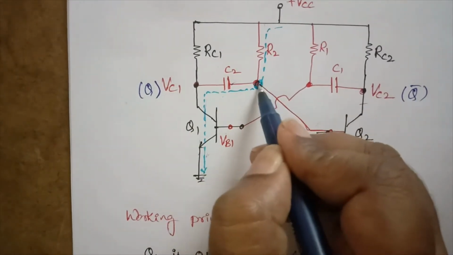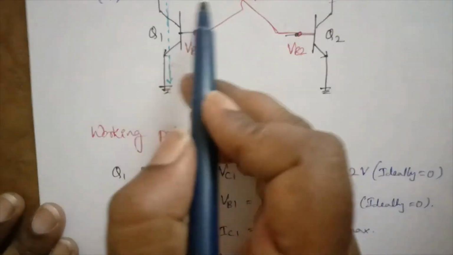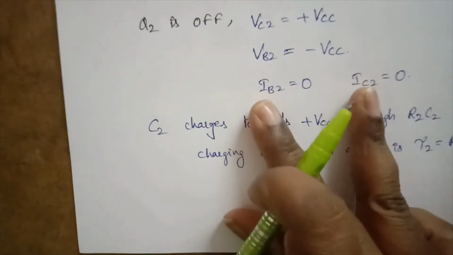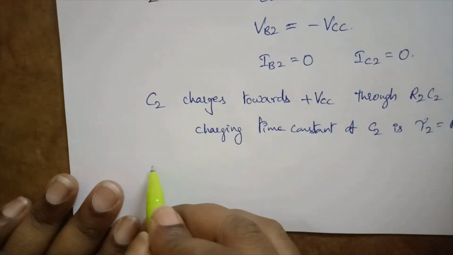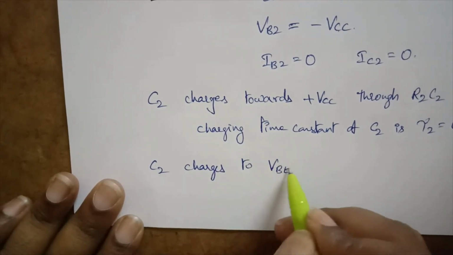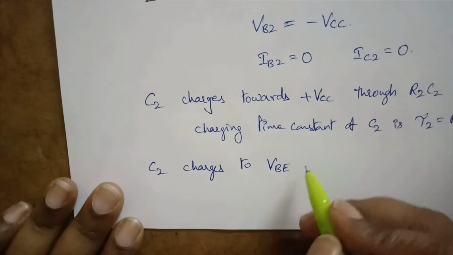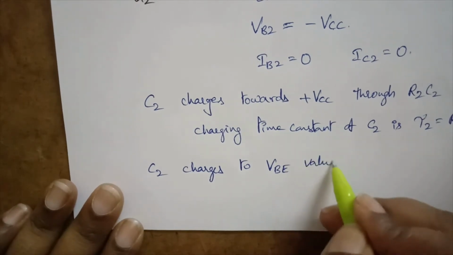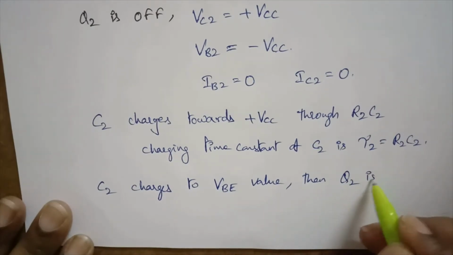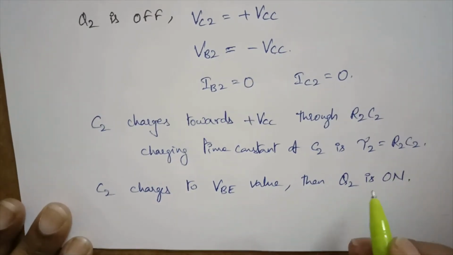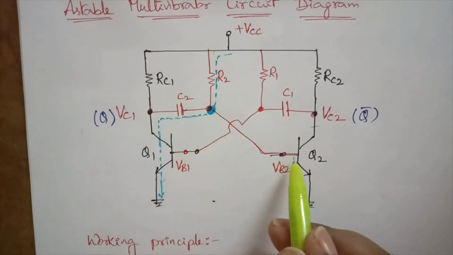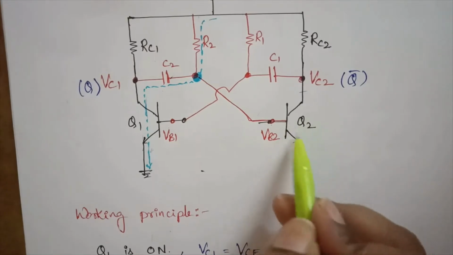At this moment, when capacitor C2 charges to the VBE value, the transistor Q2 turns on. Why? When it reaches VBE, which is connected to the base of Q2, this becomes on.